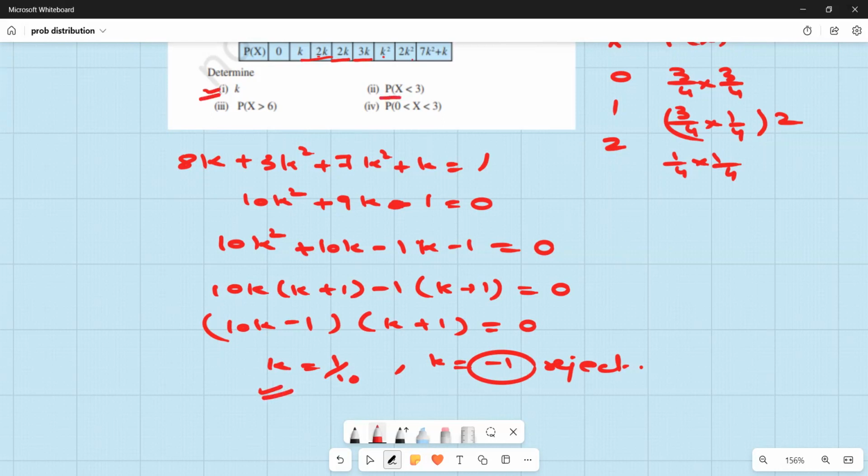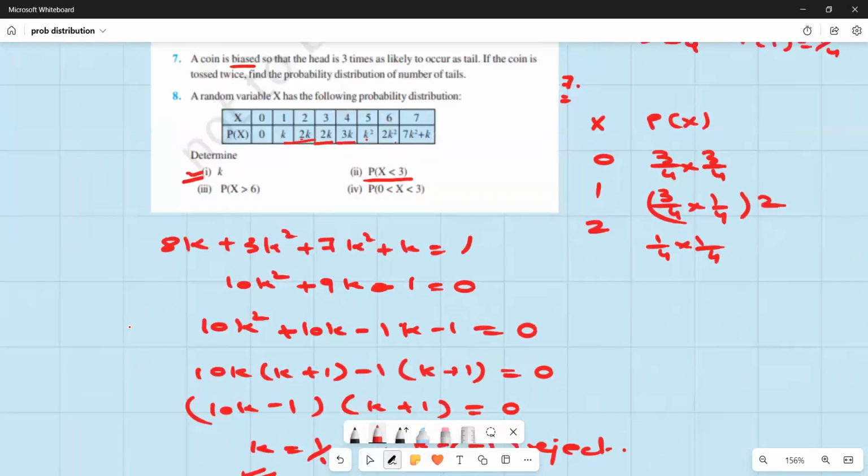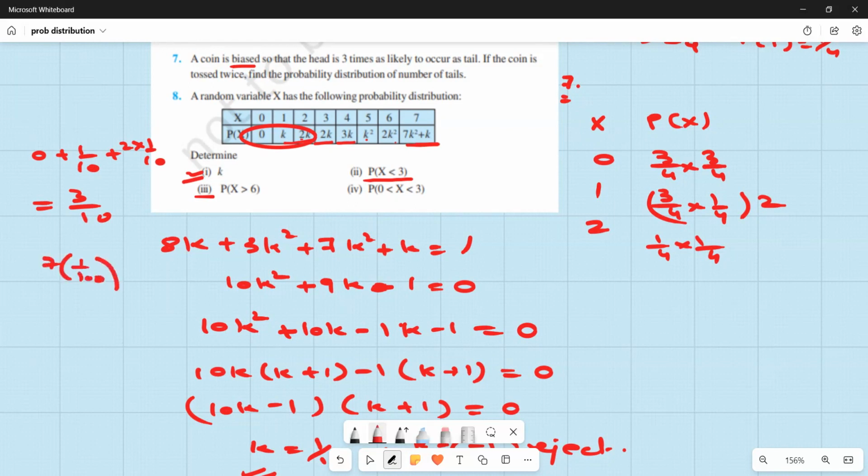Then it is saying find the px when x is less than 3. When x is less than 3 means you have to put the value of k in these 3 and find out the value. So this will be 0 plus k is 1 by 10 plus 2 into 1 by 10. So that will be 2 plus 1, 3 by 10, right? For second case. For third case, x greater than 6 means only 7. So that will be 7 into k square plus k.